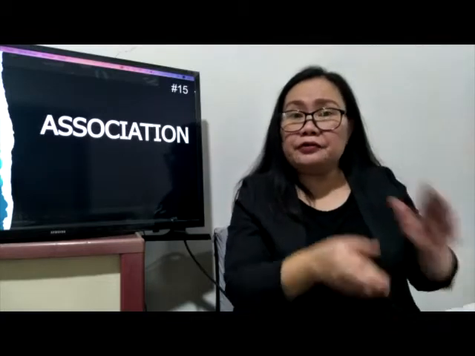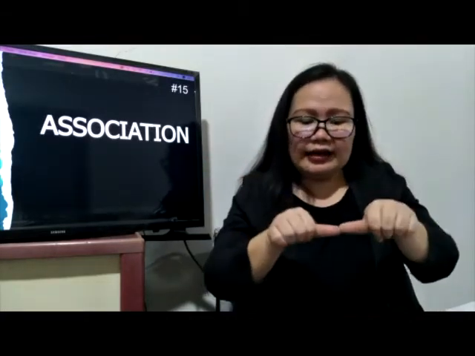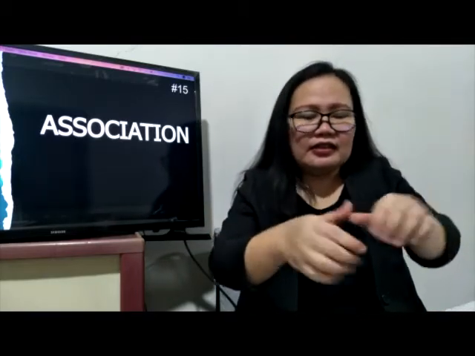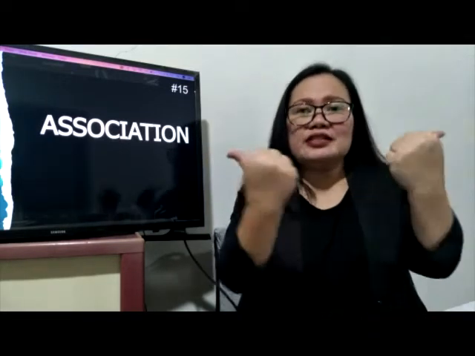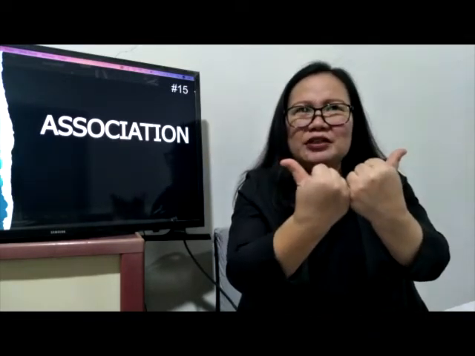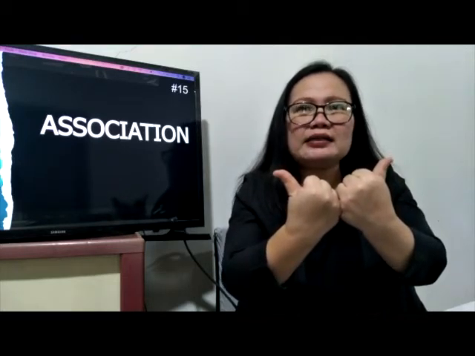Next word, association. So review, agency is like this, area is like this. How about association? It's just A, association. What are the words that are quite synonymous or similar with association?